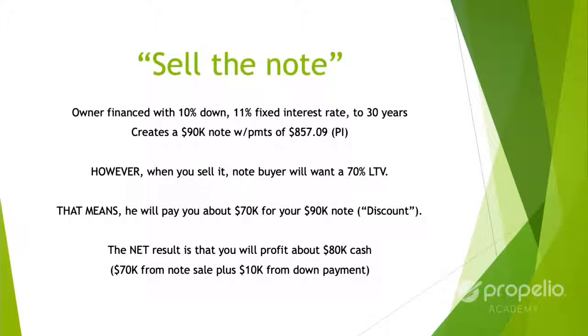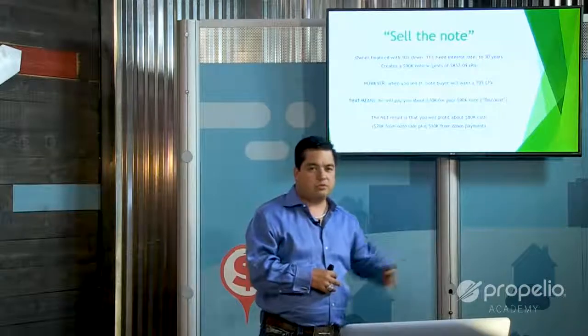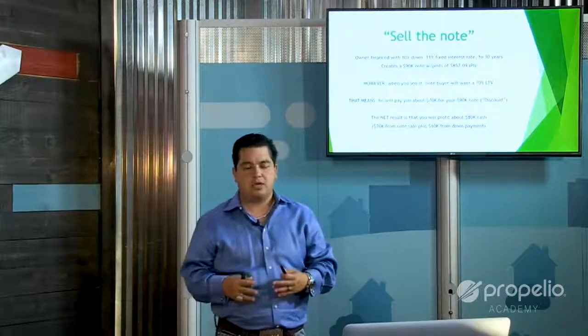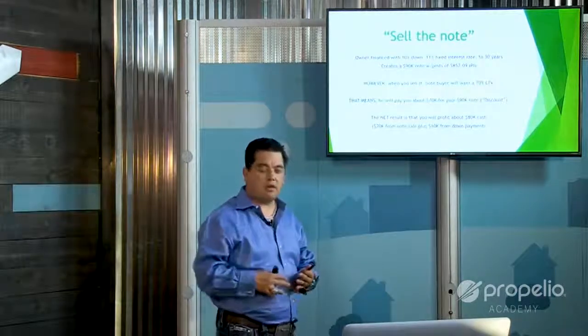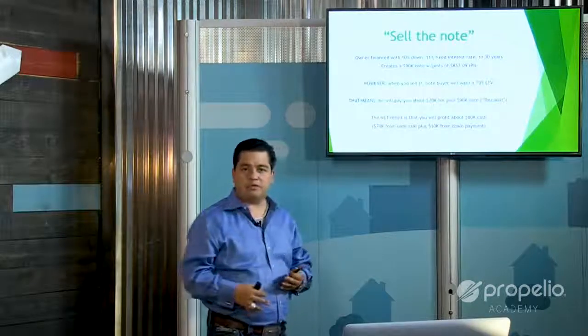Now what sucks, and I'll be honest with you, what really sucks is two things. One, you're going to take a $20,000 hit. That's $20,000 that you're not going to profit from. You're not going to benefit. You're really going to lose. The second thing is that you've done all this work to build this beautiful note. You've done a full RMLO. You're using a third-party note servicing company.